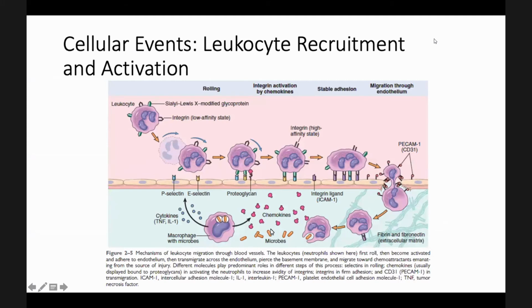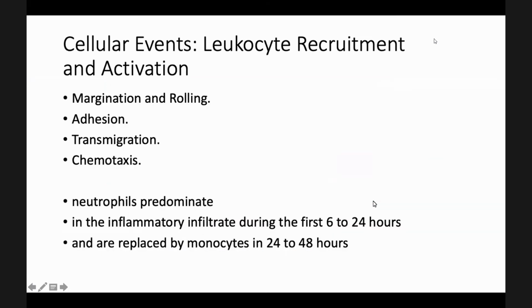Those are the events in cellular migration. Basically, those processes are known as margination and rolling, adhesion, transmigration, and chemotaxis. In the acute phase, there is neutrophil predominance, and the inflammatory infiltrate during the first 6 to 24 hours is this acute one, and later the neutrophils are replaced by monocytes at 24 to 48 hours.